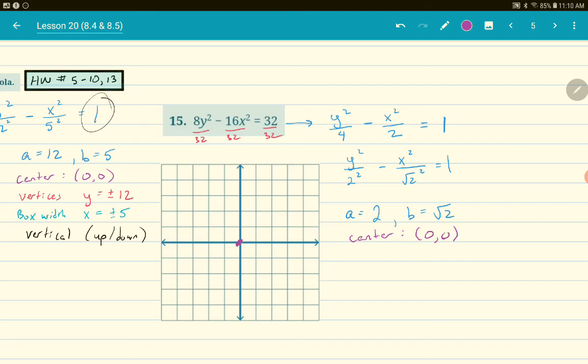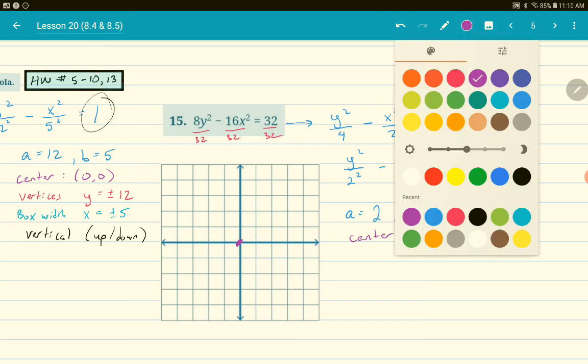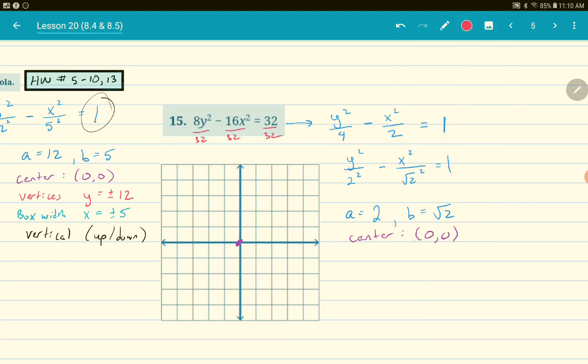And then my next step is to plot my vertices. I'm starting with a y squared, so they're going to be in the y direction. So I'll go y equals plus or minus 2, plus or minus a, from the center, so that's up 2, down 2.